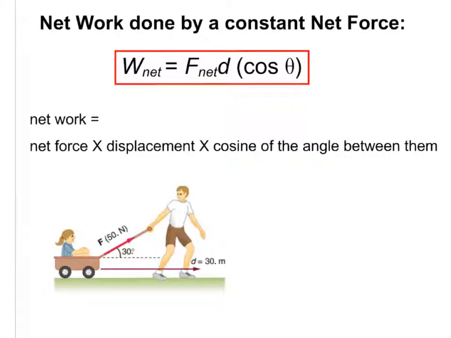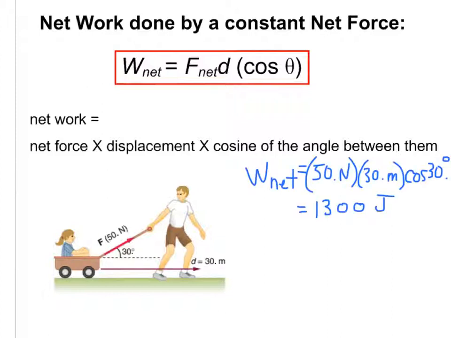So we have a very handy little formula, and it works so nicely all the time. The net work that is done is equal to the net force times the displacement times cosine theta. And this is true. We can plug those values in and you'll see we get the same answer, 1300 joules.